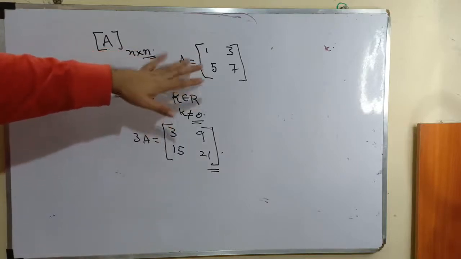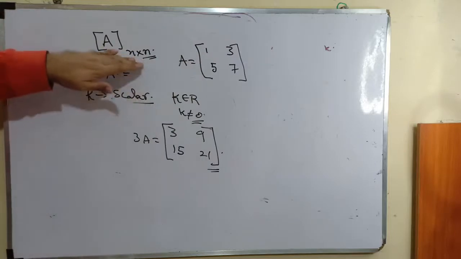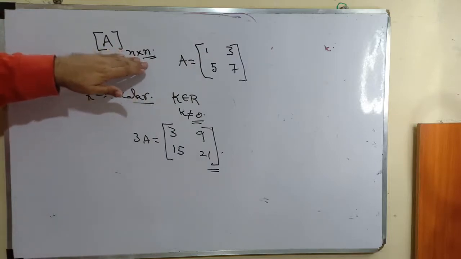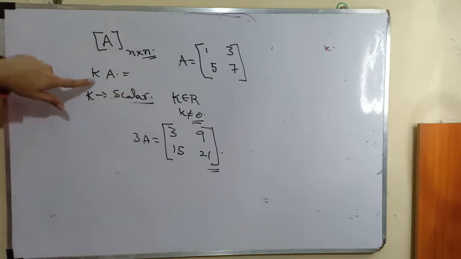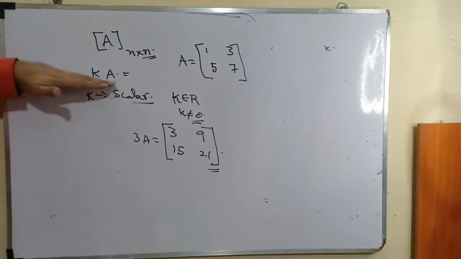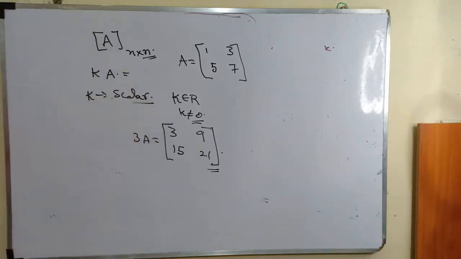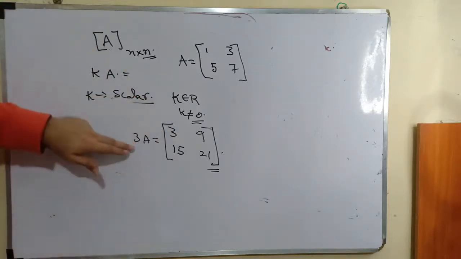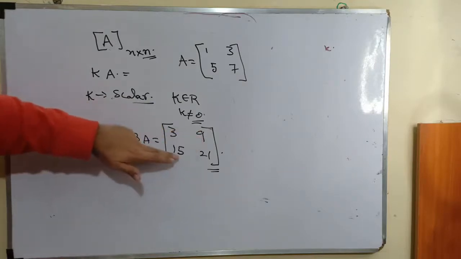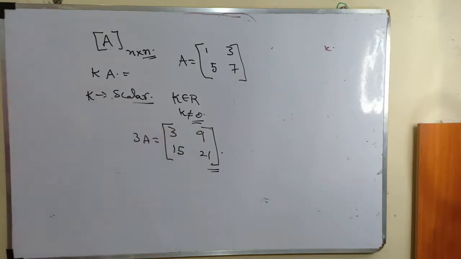N by n refers to n square elements, and these n square elements have to be multiplied by this K. That's the idea you need to get. K is multiplied in all the rows or all the columns, however you like. So here 3 is multiplied to this row as well as this row. That's what you have to understand.